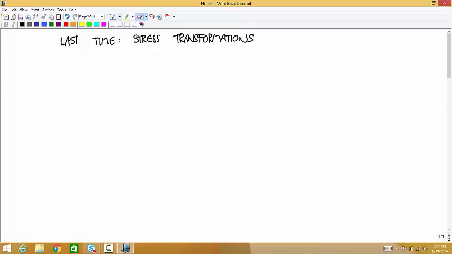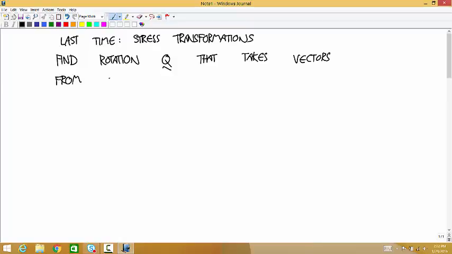And remember, the way that worked is: find a rotation matrix Q that takes vectors from the old coordinate system to the new coordinate system.